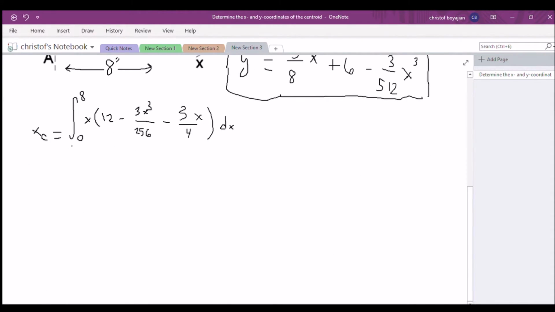And to make this formula complete, we divide it by the integral of our dA.